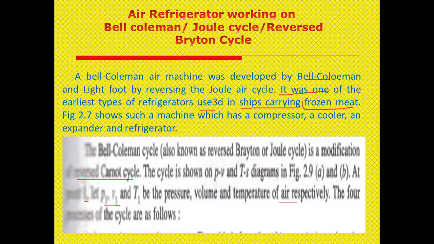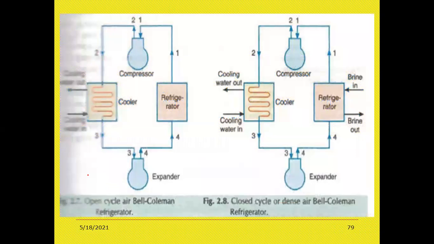Here also these are used for carrying frozen meat, and the figure shows the machine which has a compressor, a cooler, and an expander. See here, it is an open cycle air Bell-Coleman and a closed cycle or dense air Bell-Coleman refrigerator, right?